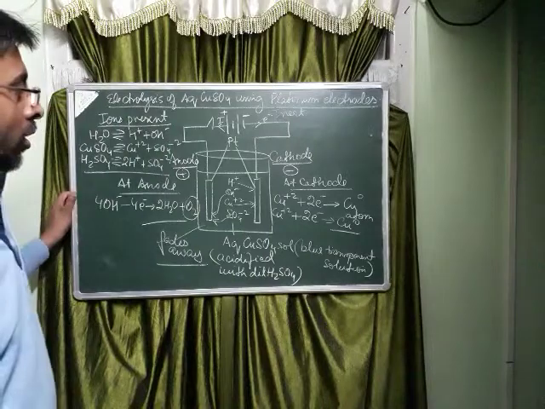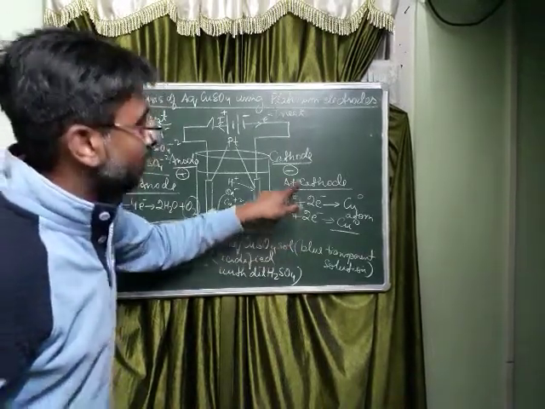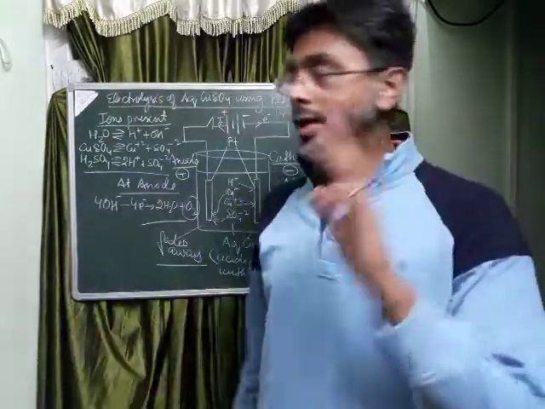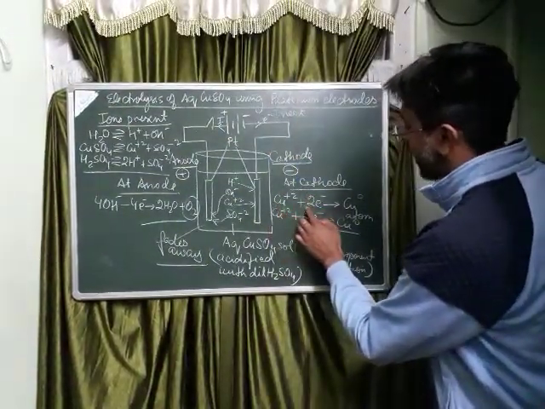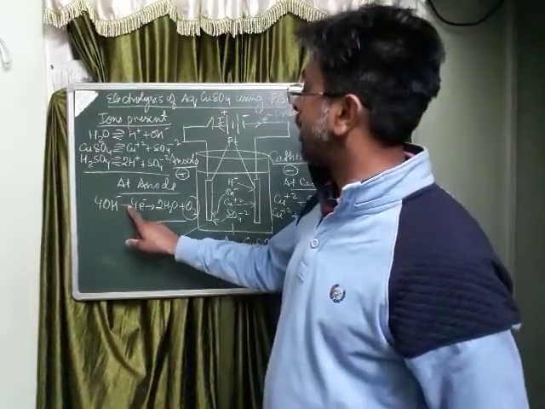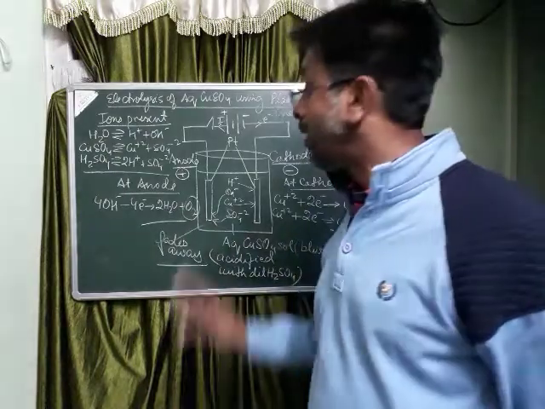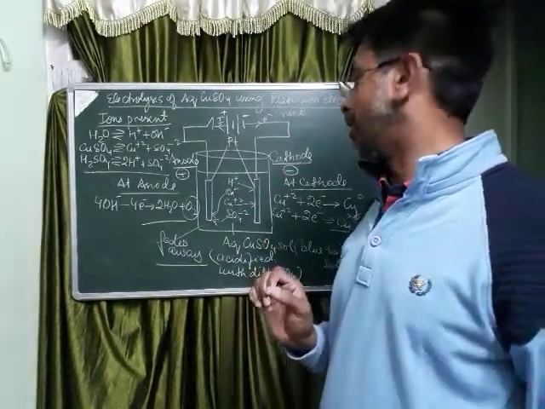So the total number of electrons gained by the ions at the cathode must be equal to the total number of electrons lost at the anode. Then only the electrolysis is correct, theoretically.